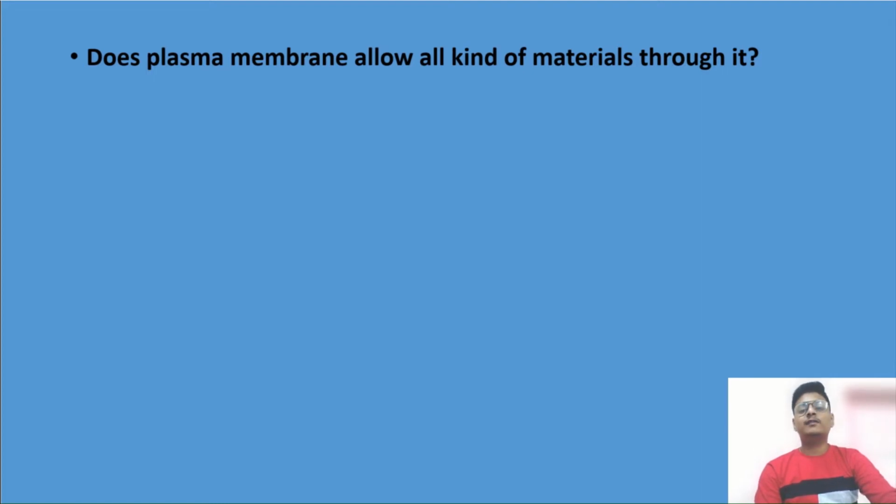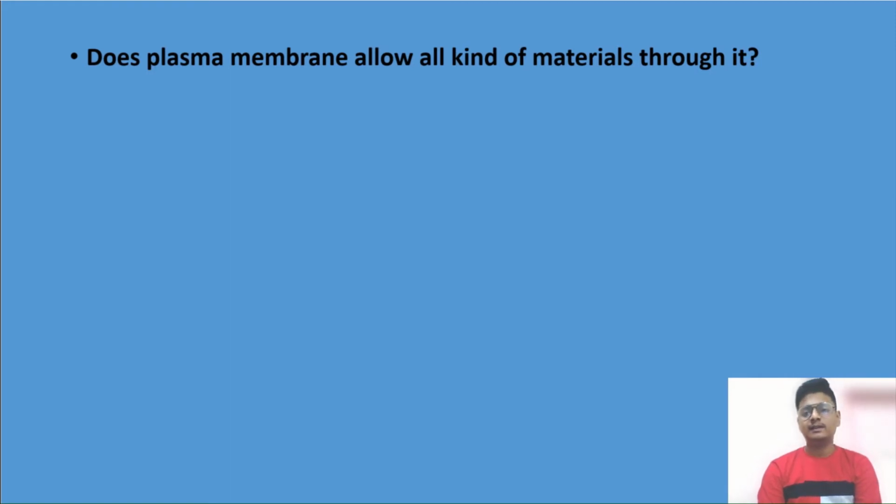If we take our relatives, we allow our relatives, not the outsiders. Likewise our cell's plasma membrane is selectively permeable, only allowing certain things to come inside the cell.